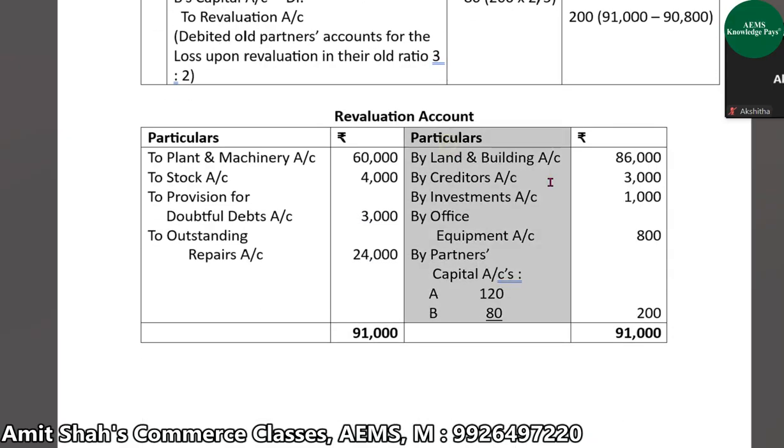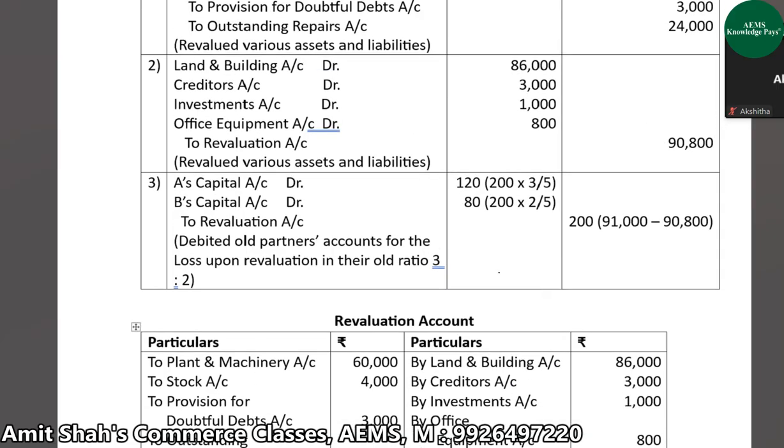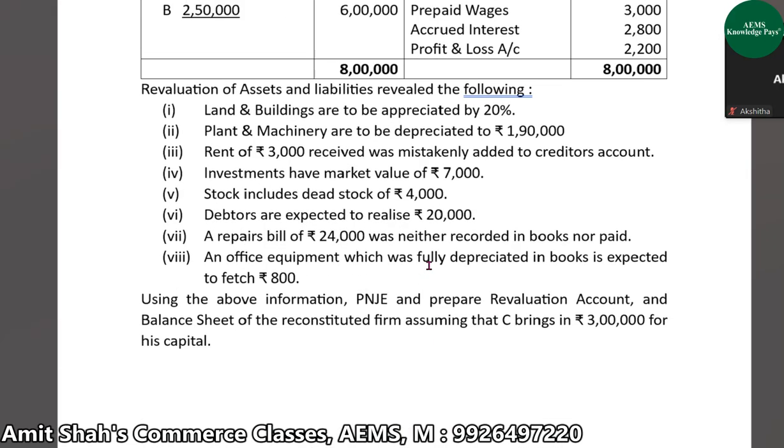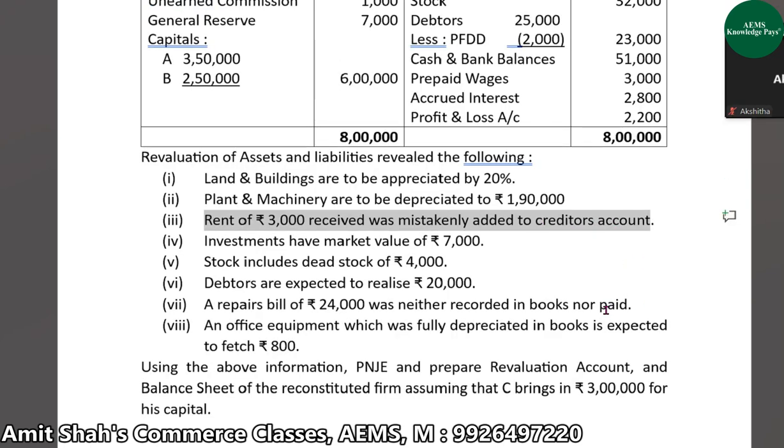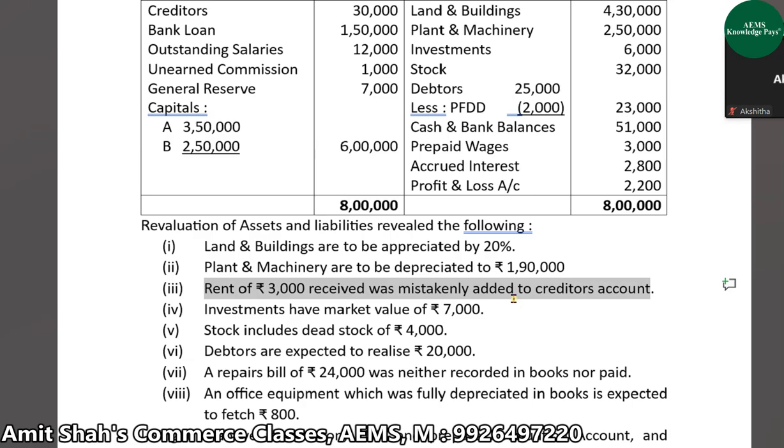Okay. Now, I told that on the credit side we record incomes and gains. I give you an example of income from this question only. Rent of rupees 3000 received was mistakenly added to creditor's account. You understand this point? So what happened in the business? Rent was received by the business. So the business should have debited cash or bank account and should have credited rent account.